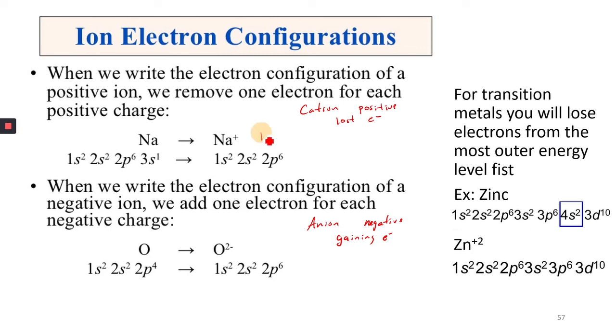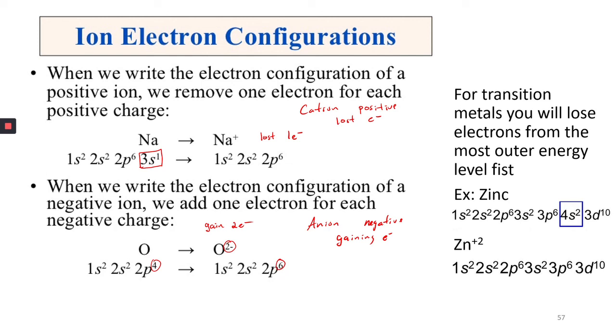So this means it lost 1 electron. And you always lose your electrons from your outermost energy level, which in this case would be your 3s1 goes away. Okay. Now this one here has a -2, which means it gained 2 electrons. So that is why now this 4 has become a 6.